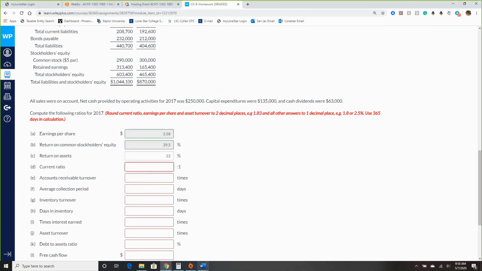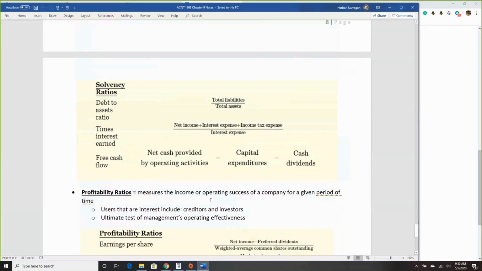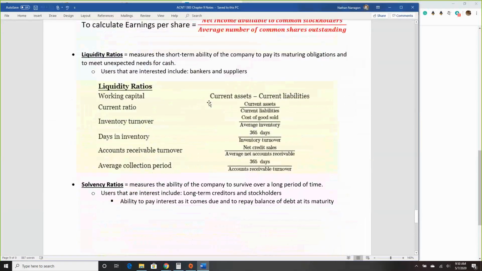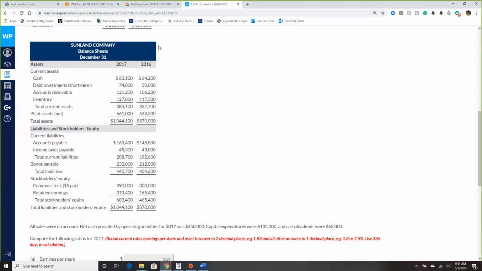Next, current ratio. Current ratio is a little bit easier to remember, as it's current assets divided by current liabilities. Then, as we're dealing with 2017, you can look here, and remember, our current assets is actually given to us.